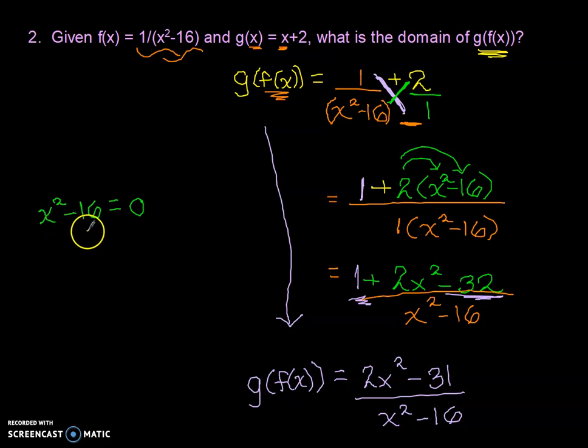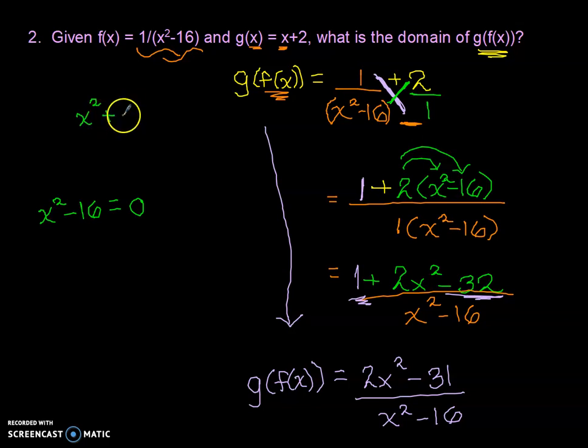Now, this is actually a difference of perfect squares. If you're not familiar with the difference of perfect squares, I will show you how to factor it, but in case you don't remember how to factor it, because I guess the toughest part of factoring a difference of perfect squares is remembering it, just keep in mind that it is a quadratic function here.